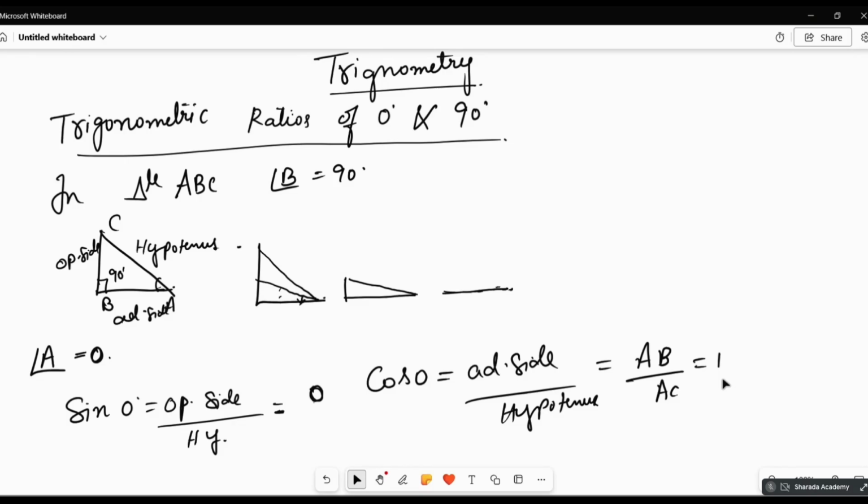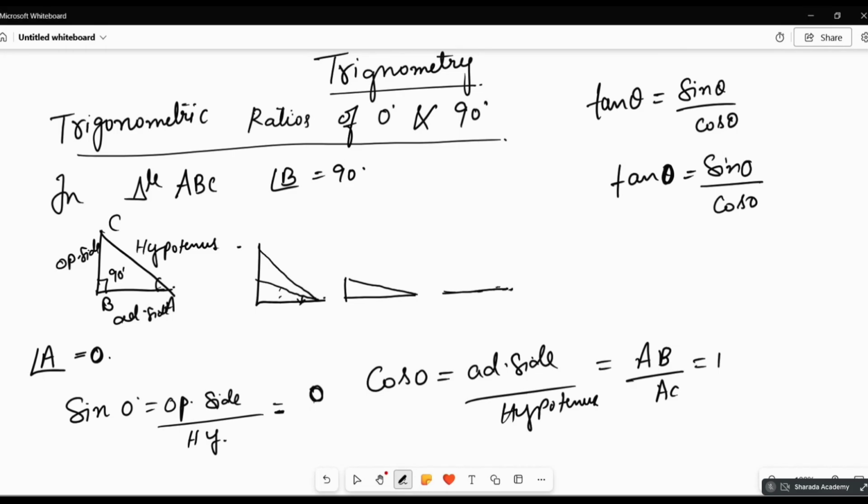What about tan 0? Tan theta is what? Sine theta divided by cos theta. So tan 0 will be equal to sine 0 by cos 0.